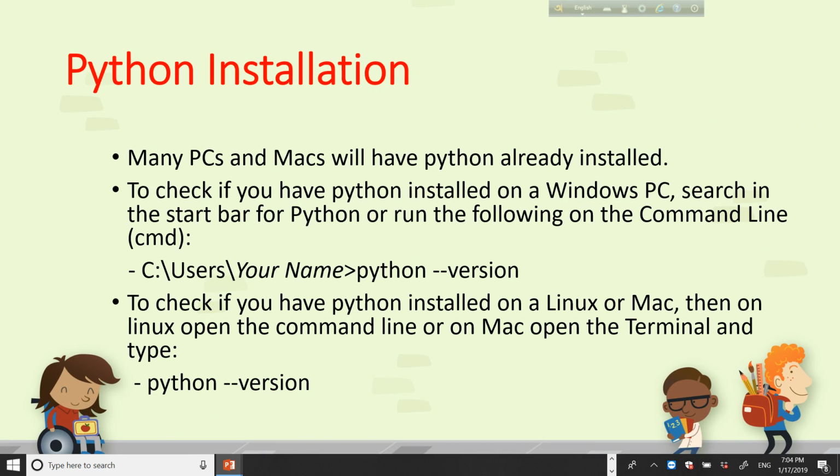Python installation. Many PCs and Macs will have Python already installed, especially the newly developed computers. To check if you have Python installed on a Windows PC, search in the start bar for Python or run the following on the command line, cmd: C:\Users\your name> python --version.